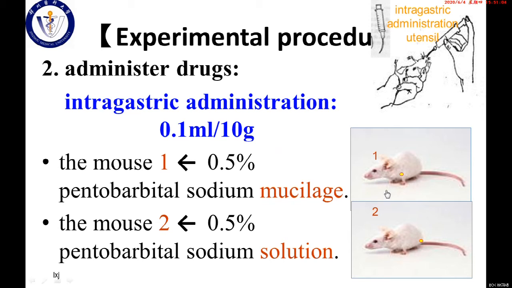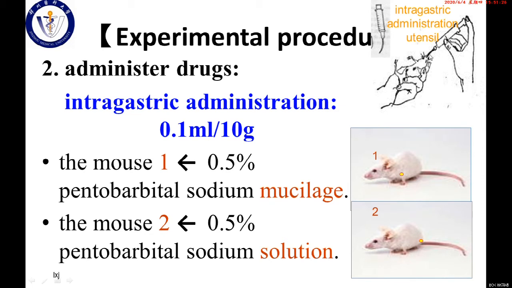So for number 1, you should administer pentobarbital sodium mucilage. And for number 2, you administer pentobarbital solution. Both are administered by intragastric administration.